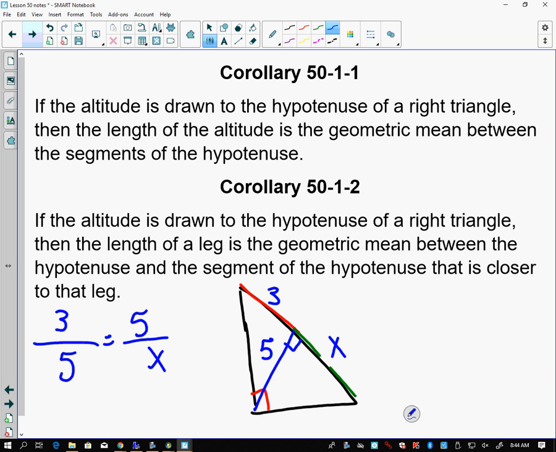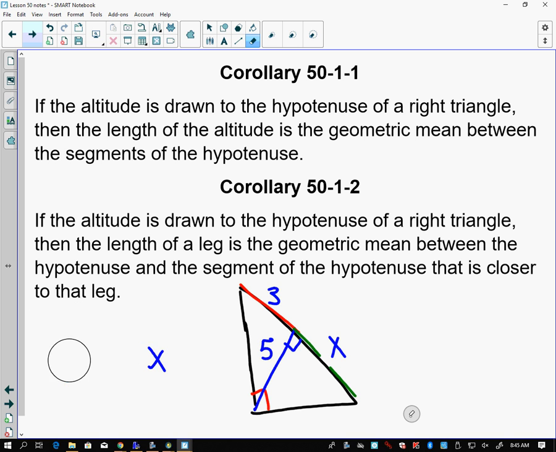So I wind up with 25 equals 3x, and I divide 25 by 3 to find out what the length of that segment is. Do you see how we're using geometric mean in this situation to solve for specific cases? To me, the video is going to be really helpful here to go back and look at some of this. All right, so that's the first corollary and how it can be used.